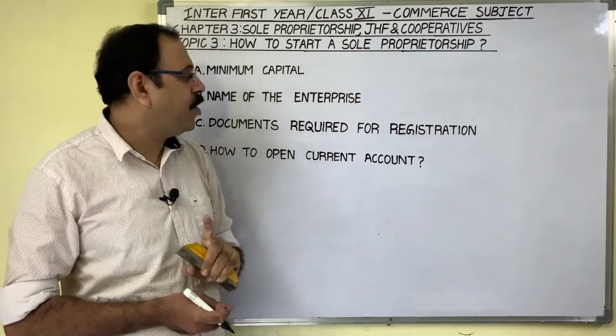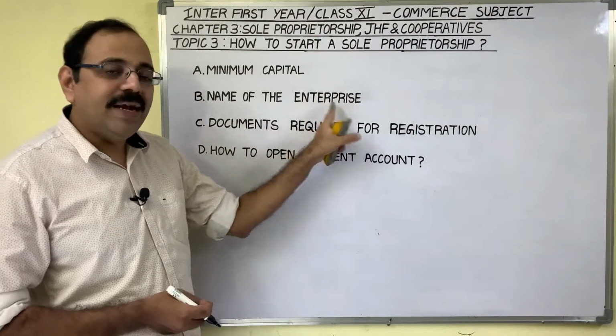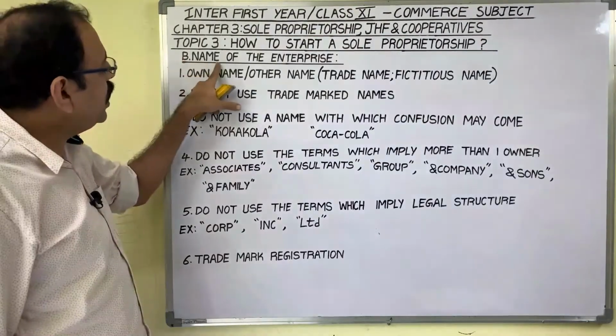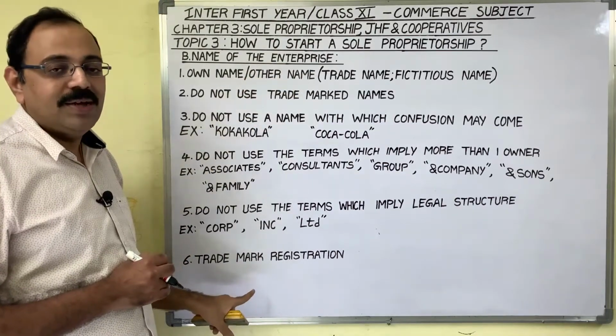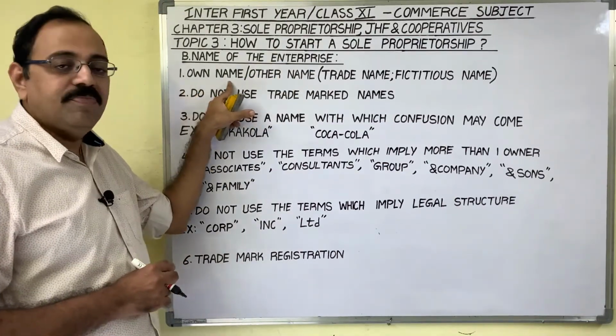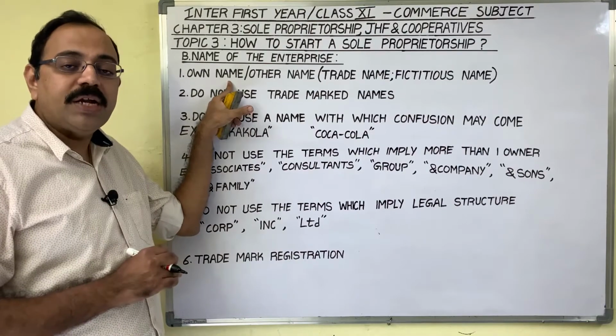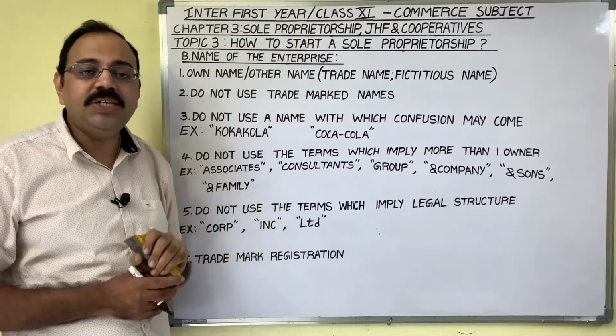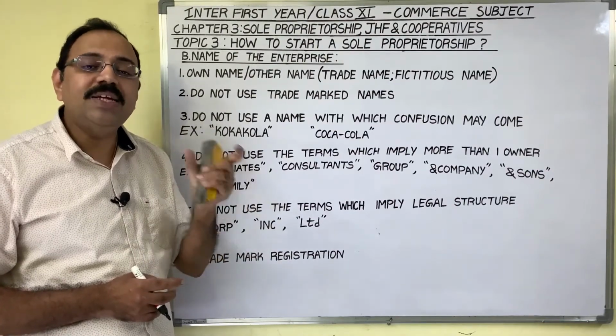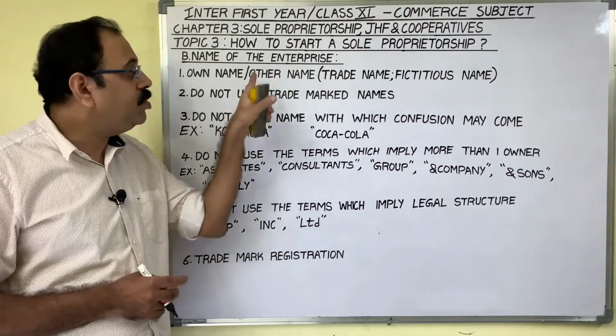Now come to the second point, name of the enterprise. Before choosing the name for your enterprise, you have to keep these points in mind. First one, own name. You can run your proprietorship under your own name. For example, your name is Harish and your medical shop name is Harish Medicals, or you can use another name.